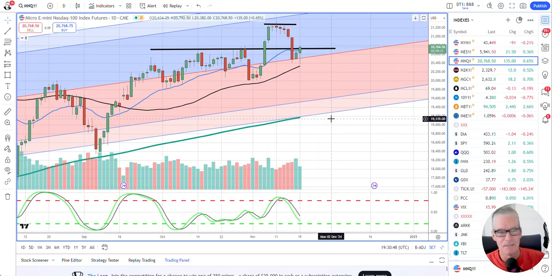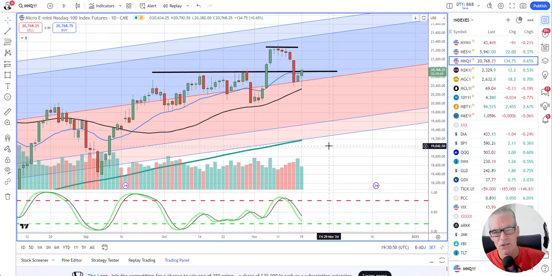The NASDAQ did pretty much the same thing. Hasn't quite traveled as far above resistance because it traveled a little further below resistance than the S&P did. The NASDAQ has been under some pressure because of the semiconductor space, which is such a leading sector in the NASDAQ 100.